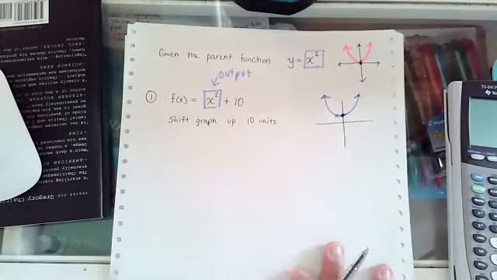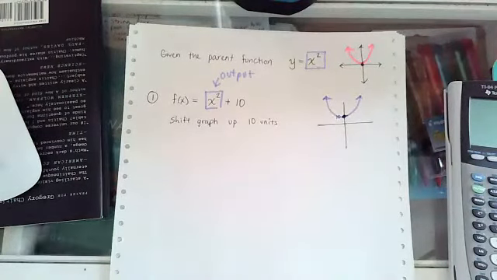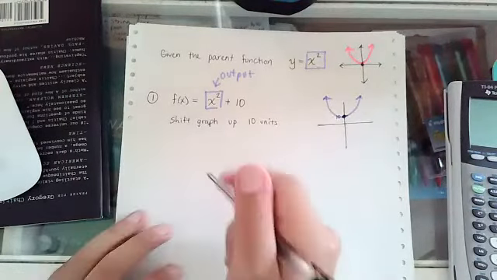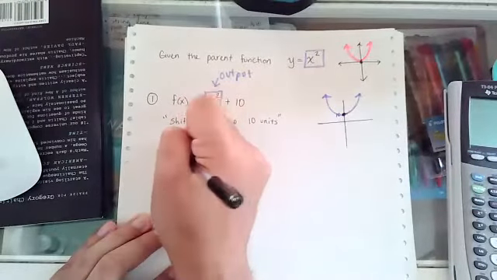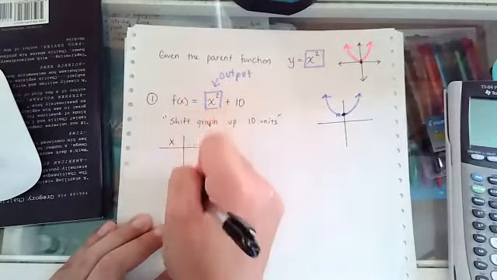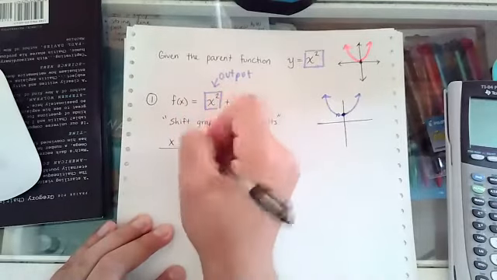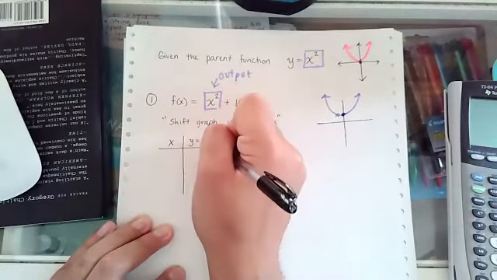And right now it sort of feels like you're just taking my word for it, right? You could, in essence, come up with a table of the original parent function. So we could say these are input x values, these are y values for the original parent function, x squared.